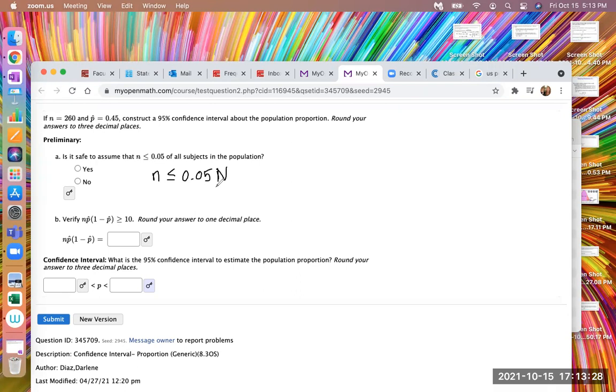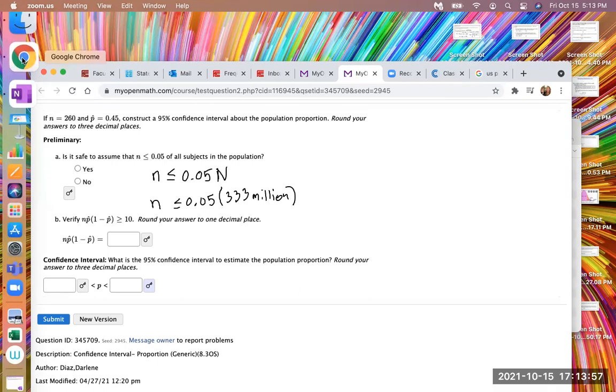Now, if the population of interest is all Americans, that's a common population of about 330 million, and 5% of that is going to be a pretty large number, definitely bigger than n, but let's just calculate it.